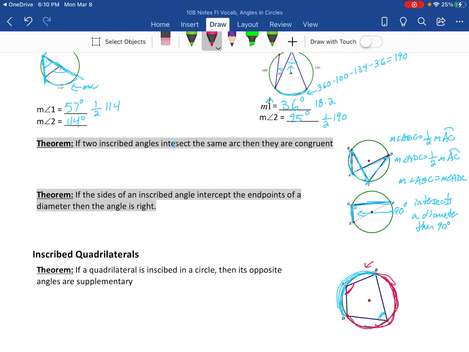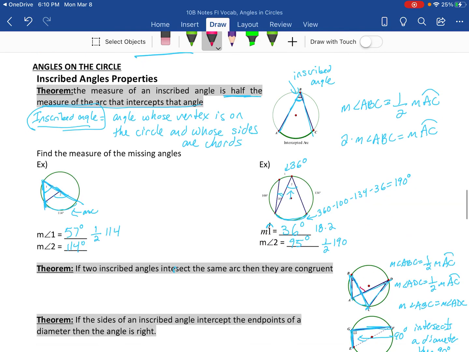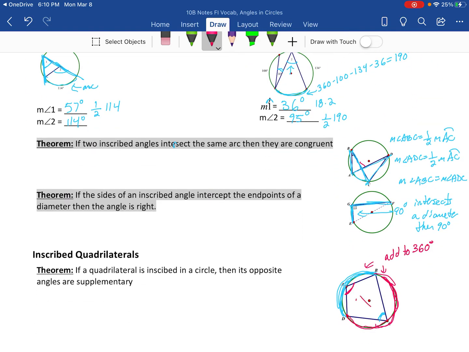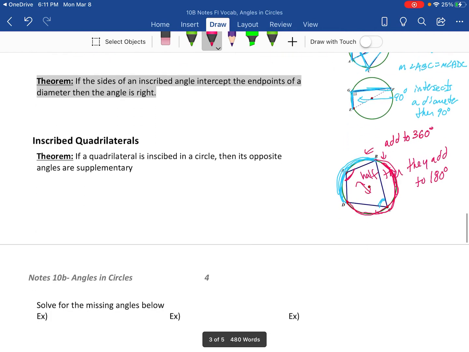And so, if the arcs add to 360, and these angles are half of the measures of these arcs, then they add to 180 degrees.